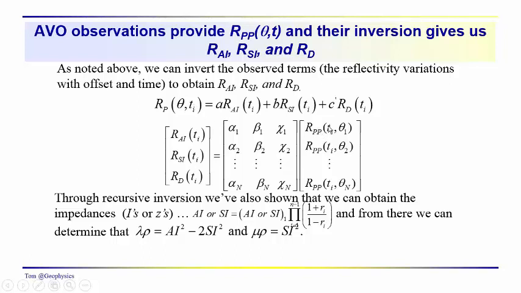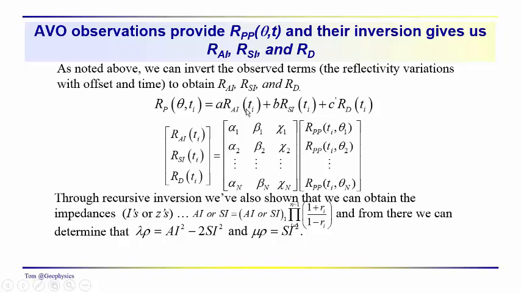So we have all these observations at these different times, t sub I, and t sub I could run from some minimum to some maximum across your zone of interest, and then you're looking at probably a common range of offset angles.